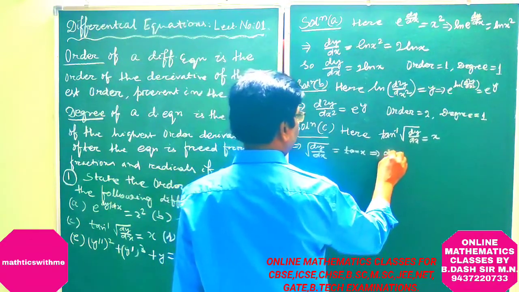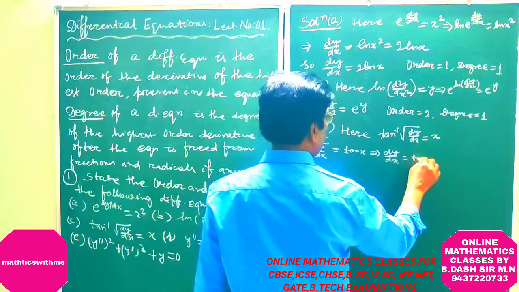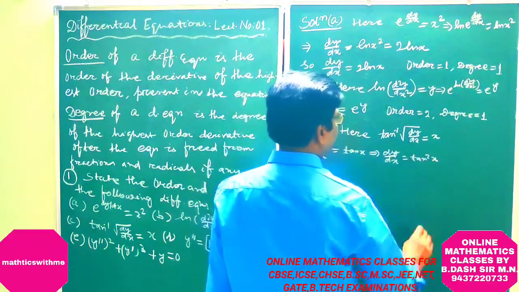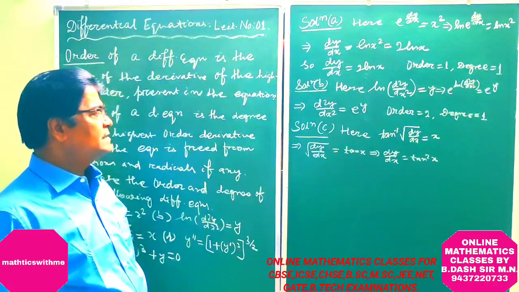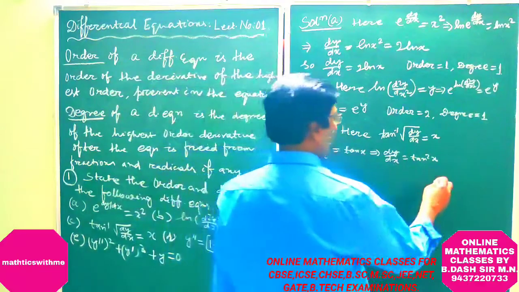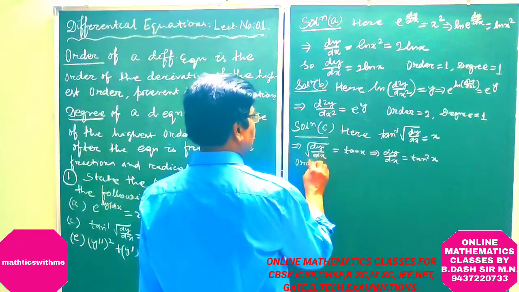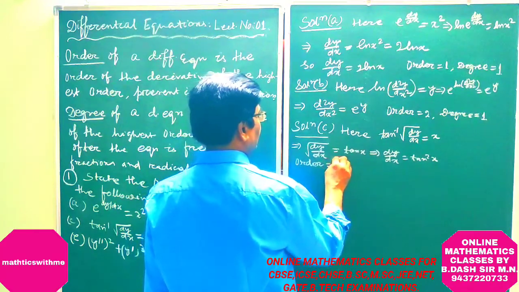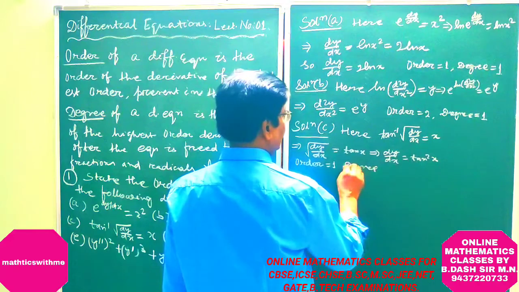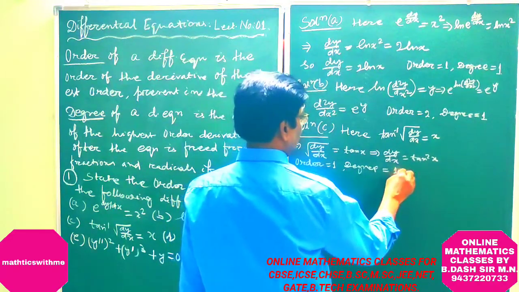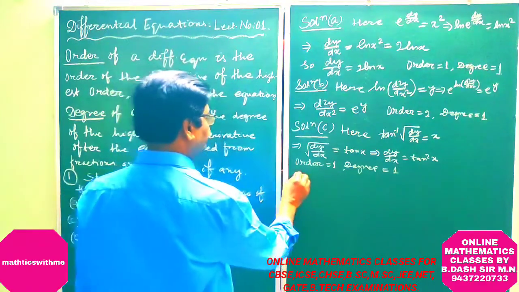This implies dy by dx is equal to tan square x. So we get dy by dx is equal to tan square x. So the order of the differential equation is equal to 1 and the degree of the differential equation is also 1.